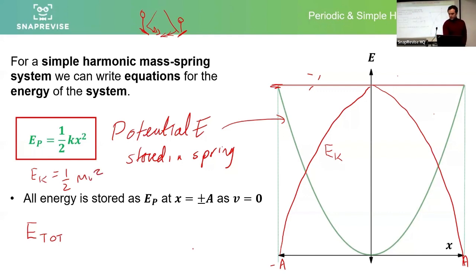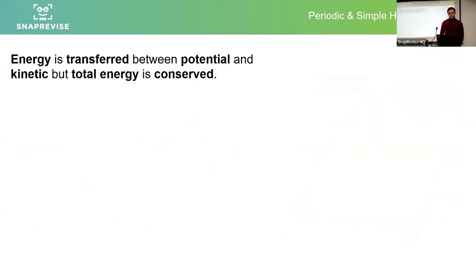And the total is then half kx squared plus half mv squared, and it's a constant. This faint red line up here is the total energy. Fab. It's a closed system, so we can't create or destroy energy.